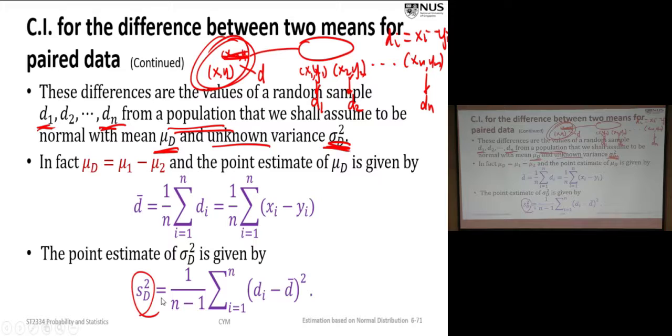So in other words, you just replace the Xi, Yi by Di, which is the difference. Then you just concentrate on your sample Di's, D1 up to Dn. So you get the average, which is D bar, and you get the sample variance, which is each Di minus D bar, square it and sum them up, and then divide by n minus 1.